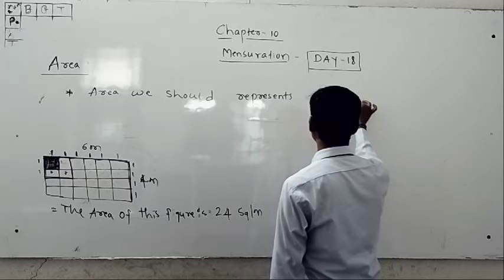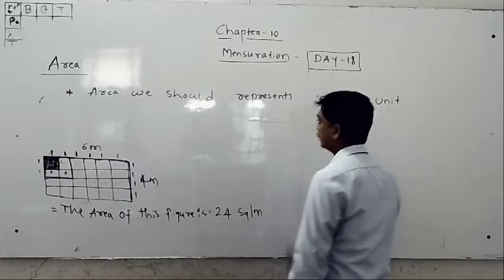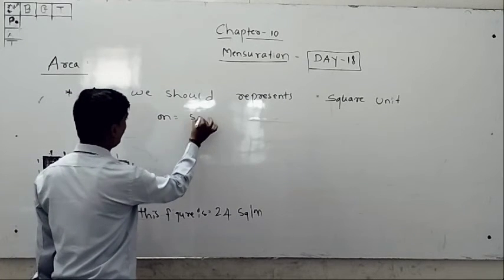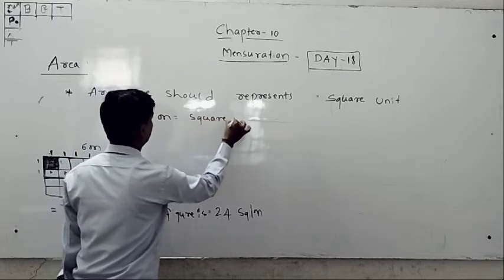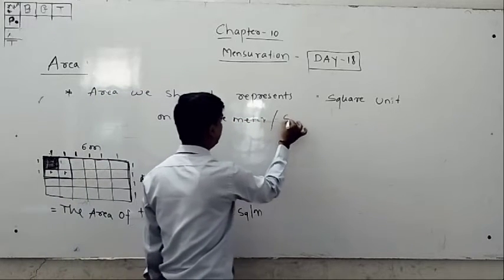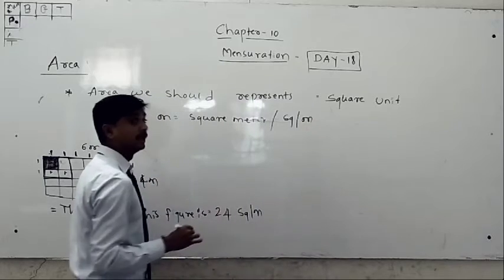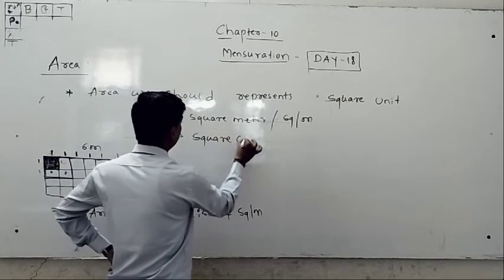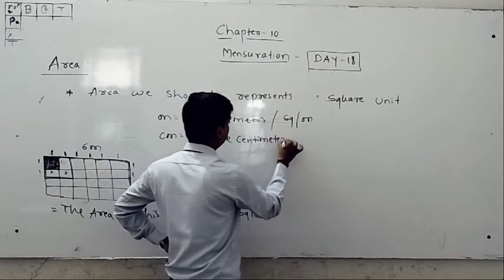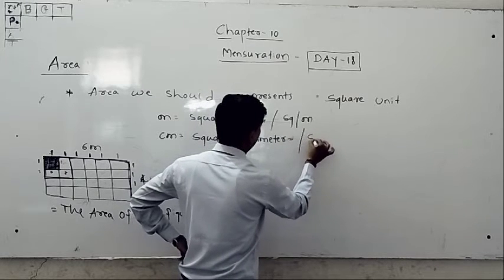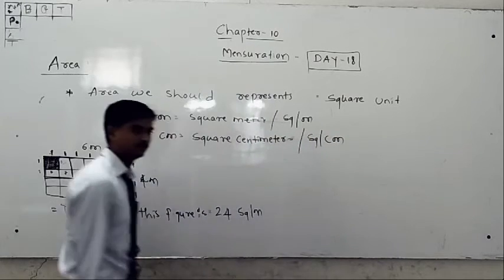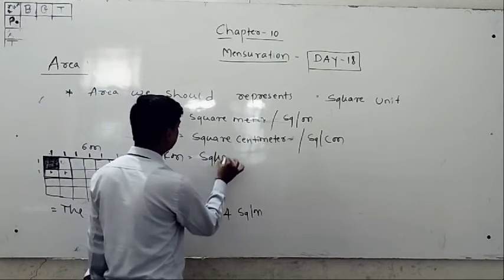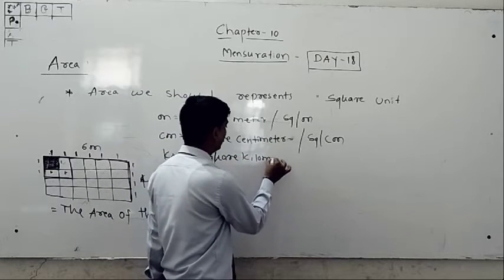in square units. If centimeter is given, we write square centimeter. If kilometer is given, we write square kilometer.